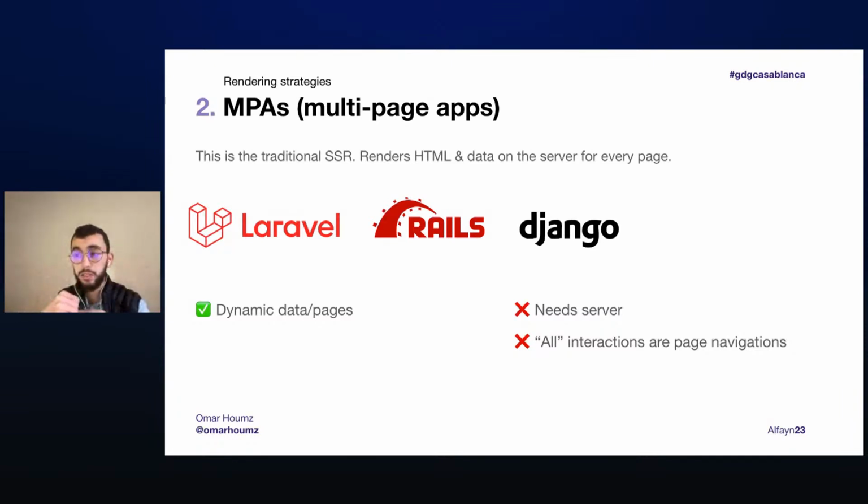Now we have what is good is we have dynamic data and pages. For example, if I have a list of products, if the product is ordered or something, we can update the data. So when the next user comes in, we return the correct data. But we need a server, and all interactions are page navigations again.